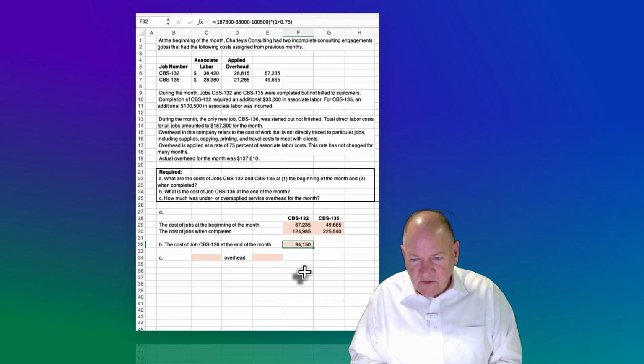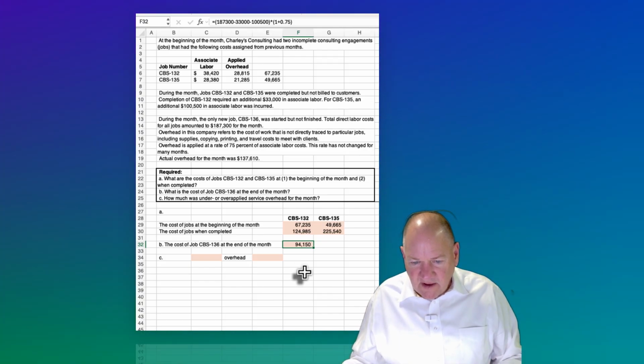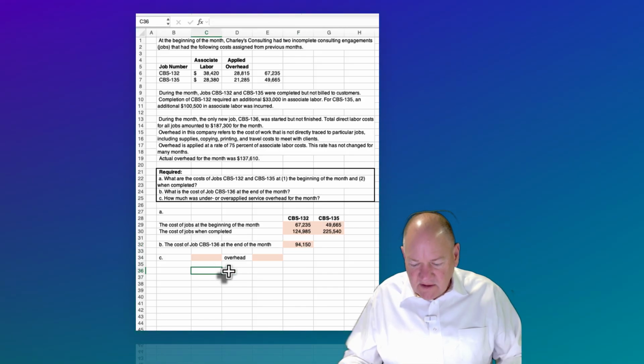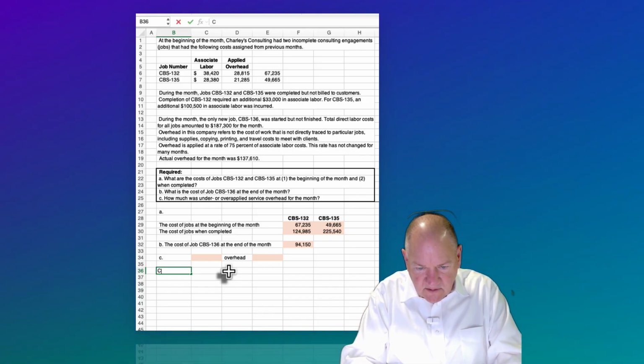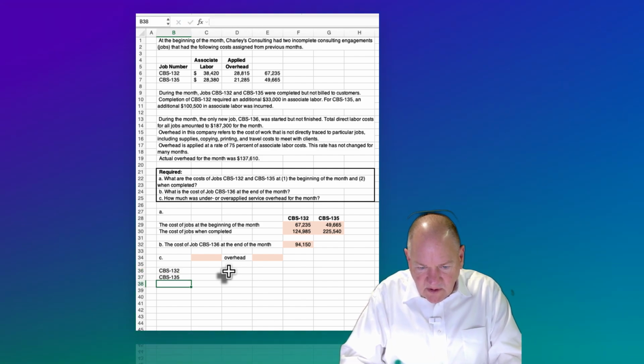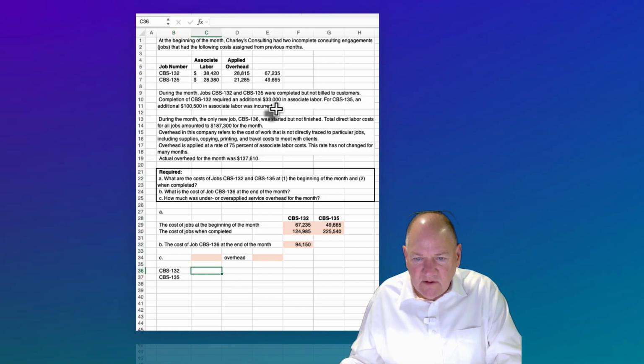Now, here's the challenge, part B. We need to know whether the overhead was overapplied or underapplied. So I'm going to do a little schedule down here just to see. On job 132, how much overhead did we apply during the month? Well, for job 132, we had 33,000 in labor.